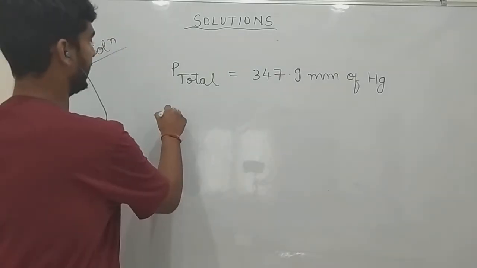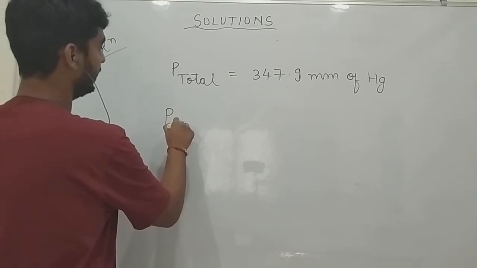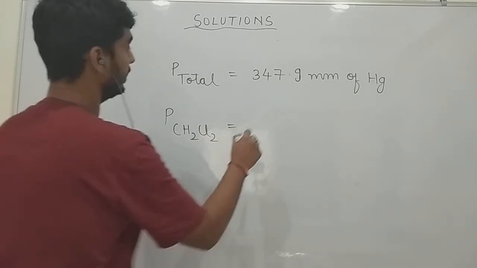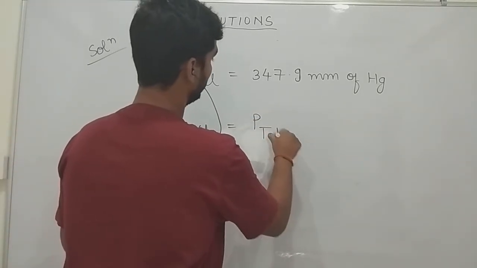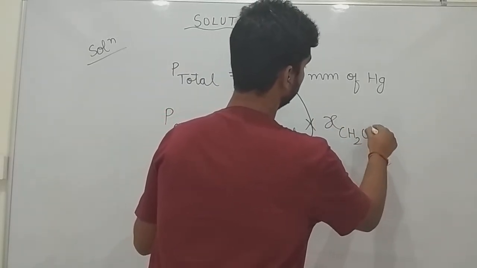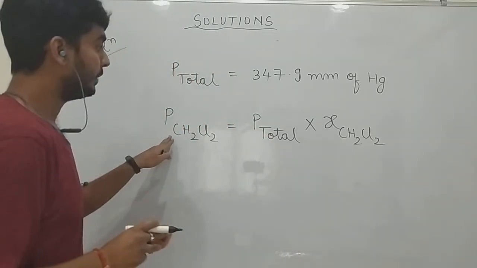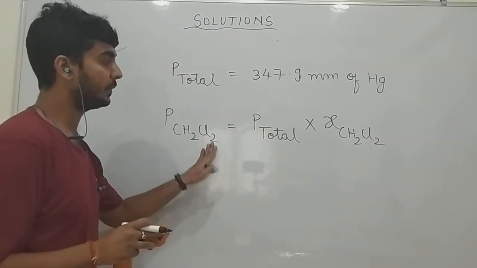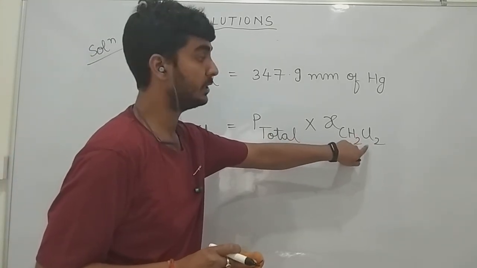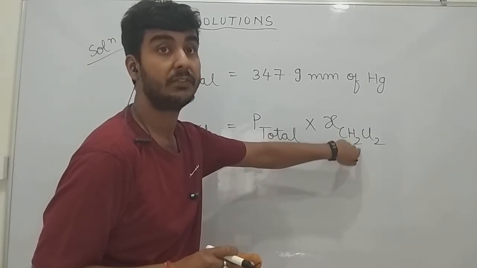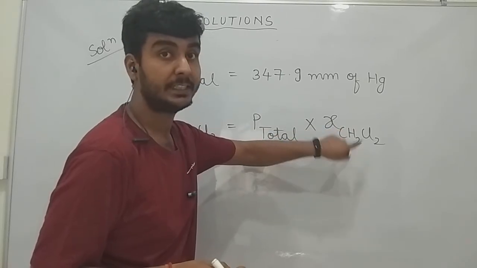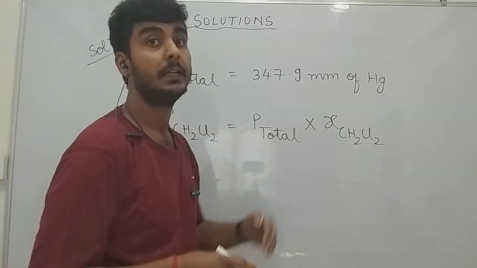Dalton's law says that the partial pressure of any component, for example CH2Cl2, dichloromethane, is equal to total pressure into mole fraction of CH2Cl2. Now this mole fraction is in vapor state, not in solution. So we have to find the mole fraction of each of the components in vapor state.